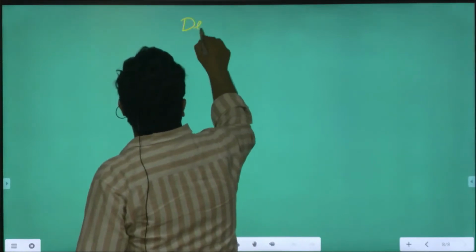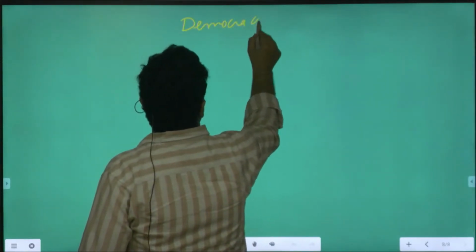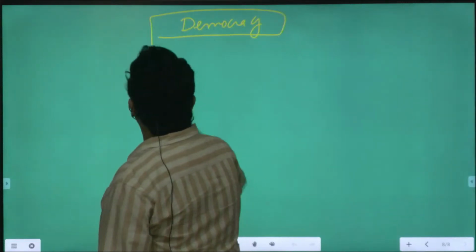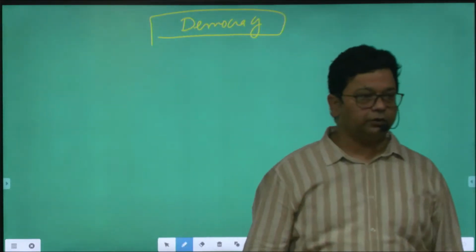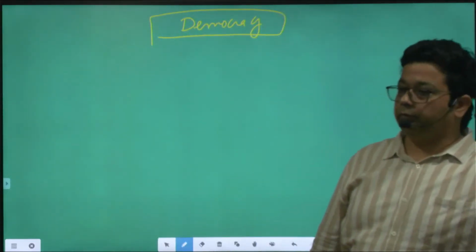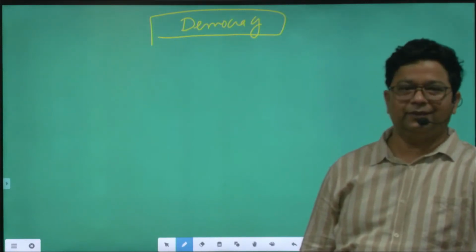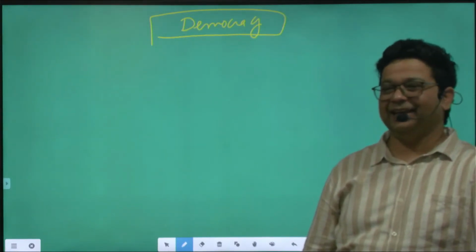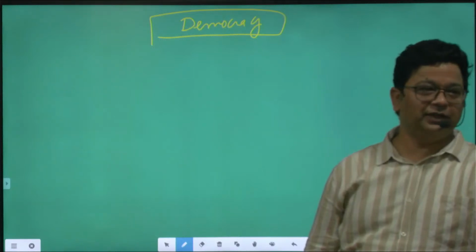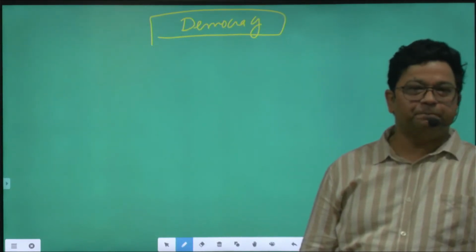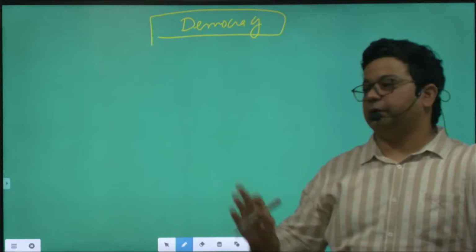So in a democracy, what does democracy mean to you? Yes, of the people, for the people, by the people. This is the statement related to democracy.